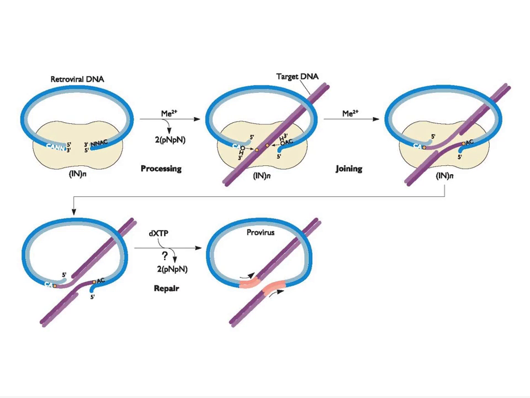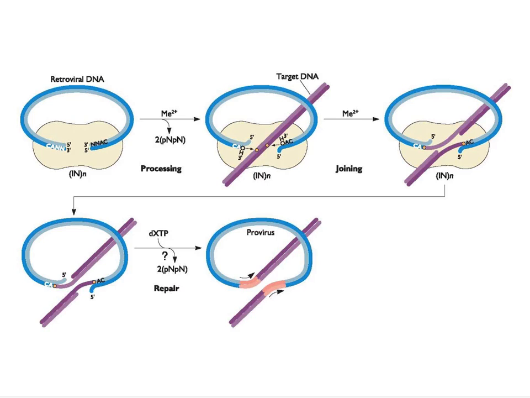So this is carried out by another viral enzyme called integrase. The integrase is shown as just an outline back here. We'll look at its structure in a moment. The retroviral DNA is recognized by integrase, as is target DNA. So here's our target host DNA.